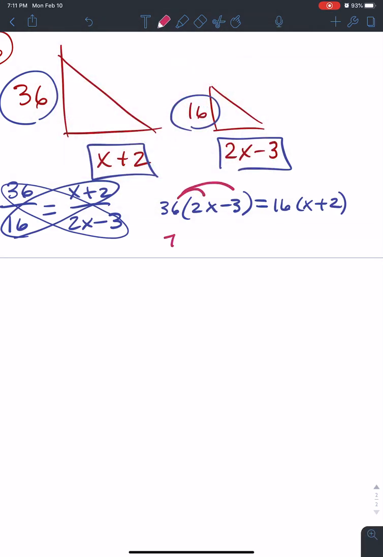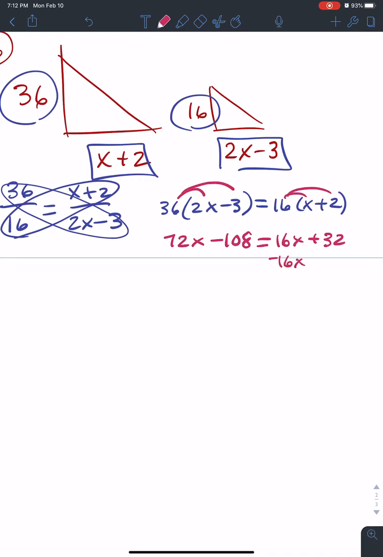So you got to distribute: 72x, and then 36 times 3, which is 108. Same thing for 16: 16x, and don't forget to distribute. Okay? And then it's just algebra. So check your algebra to make sure that you may have just somewhere gone wrong with your solving.